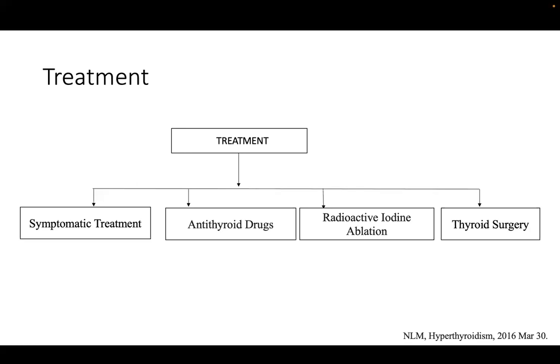This would amount to 200 or 300 grays, so it would have caused a hell of a lot of destruction of surrounding tissue. But it hardly causes any radiation damage because of the elegant way it is administered.